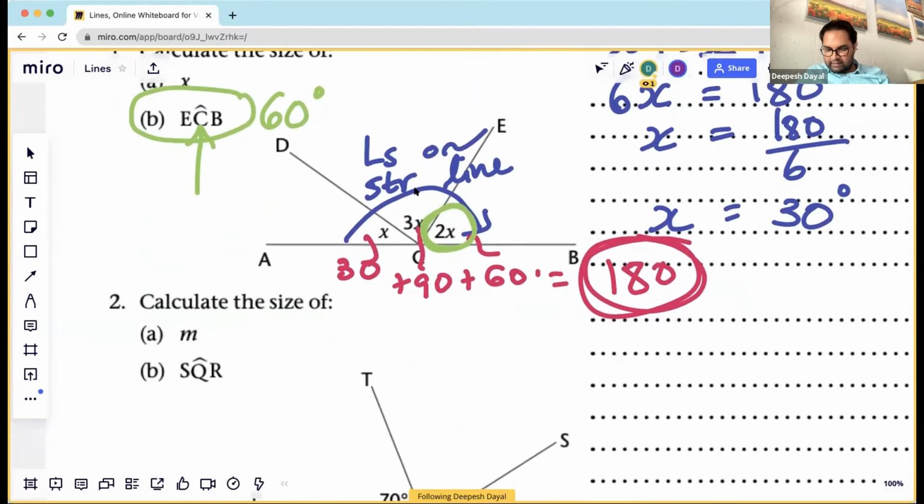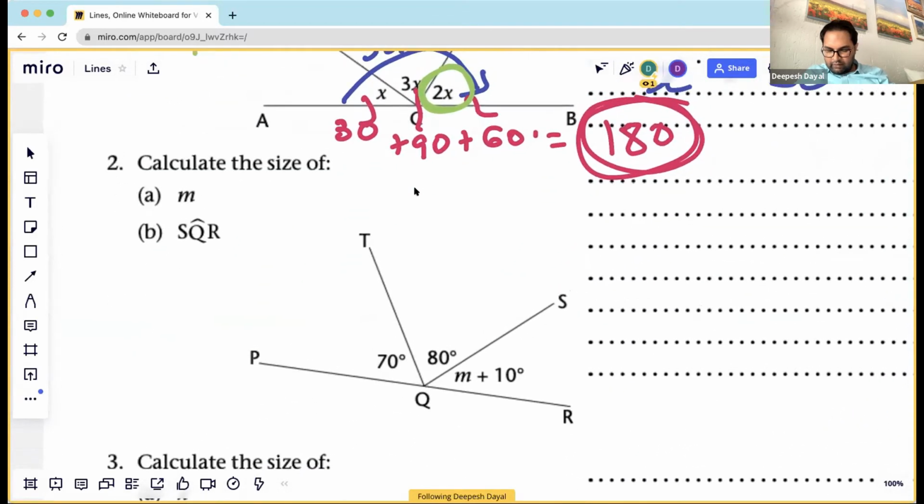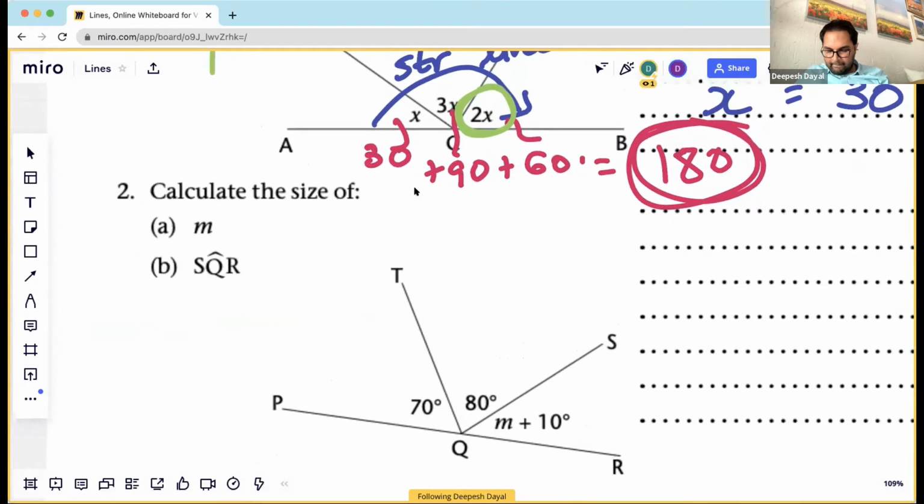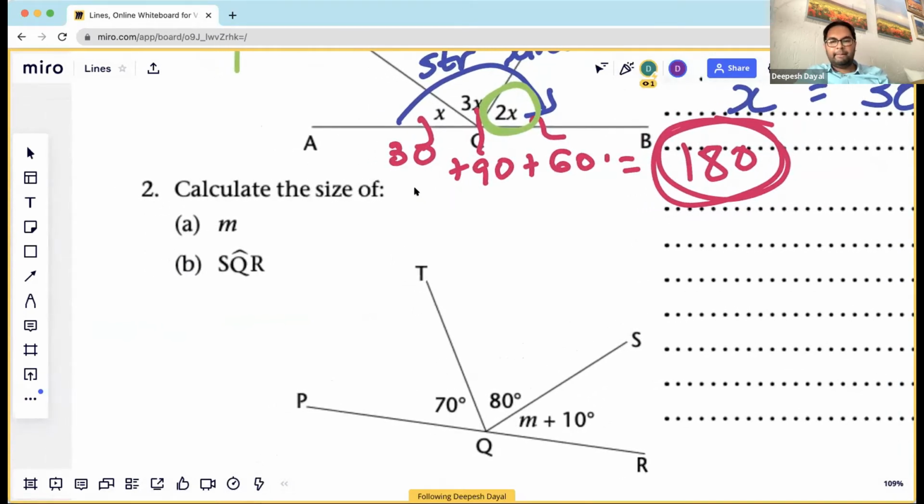Let's try this next one. Solve for M. Please type your answer in the chat. A lot of you are not asking questions. Are there any questions? Please do let me know.